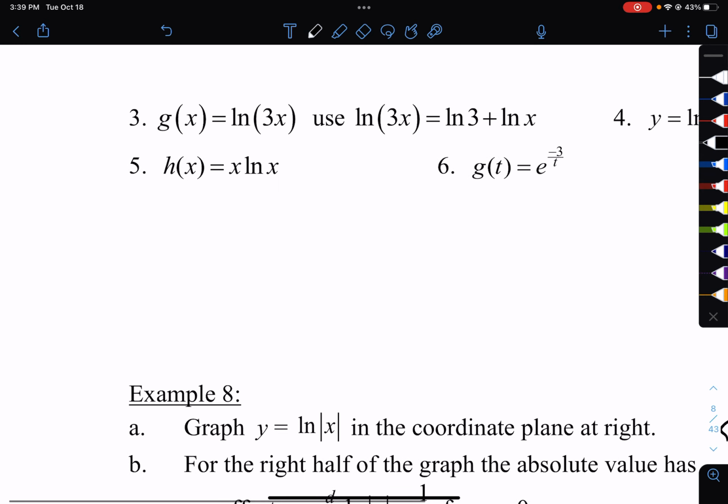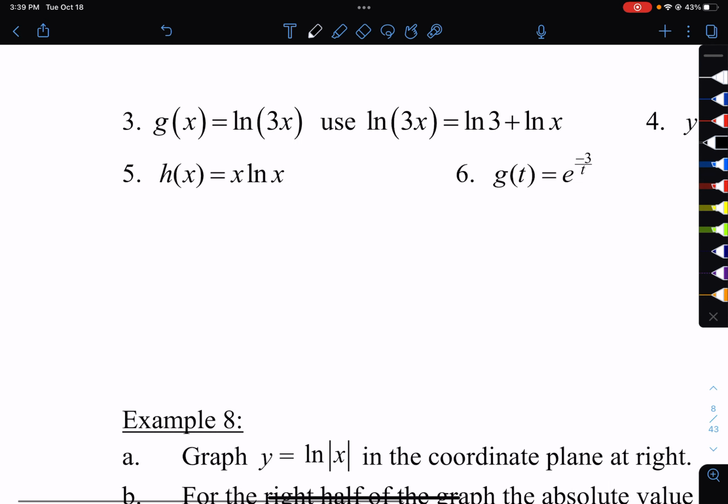All right, number 5, the derivative of x multiplied by natural log of x. So I have an x getting multiplied by a natural log. And this is just a basic product rule.